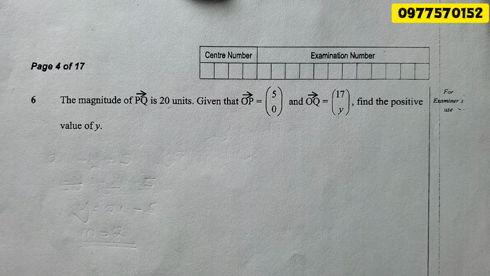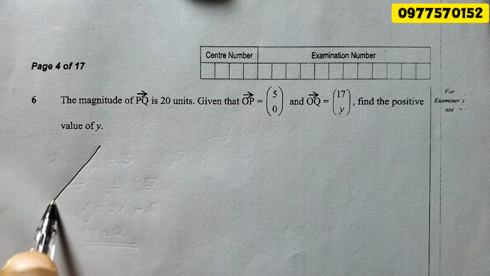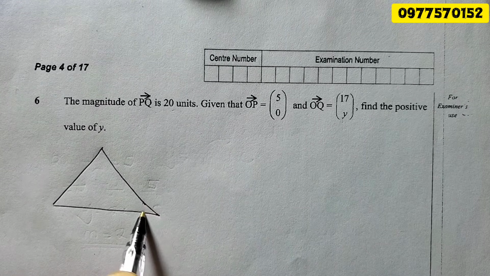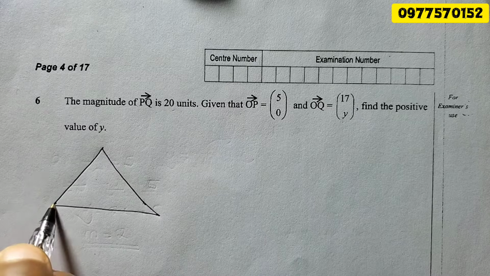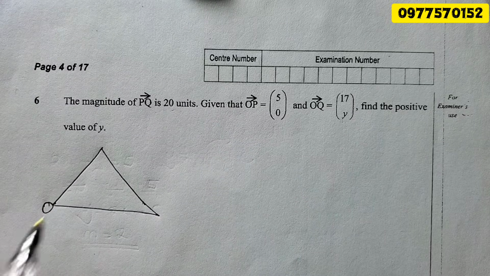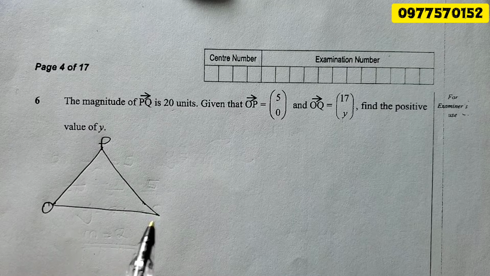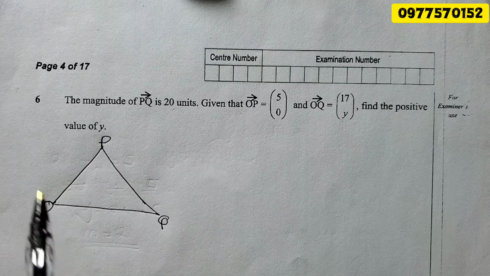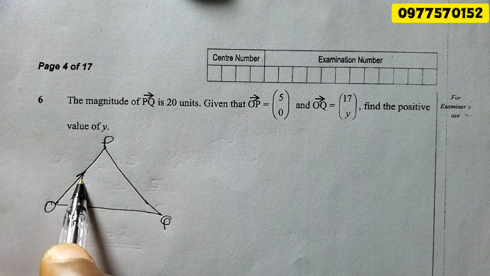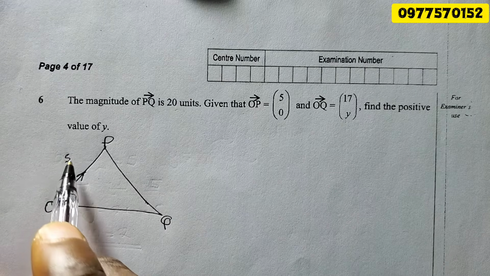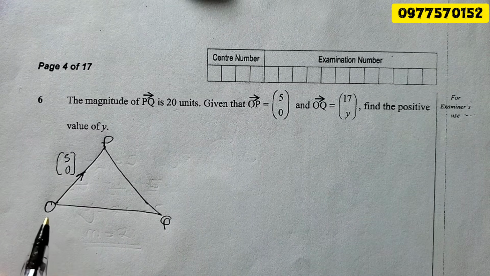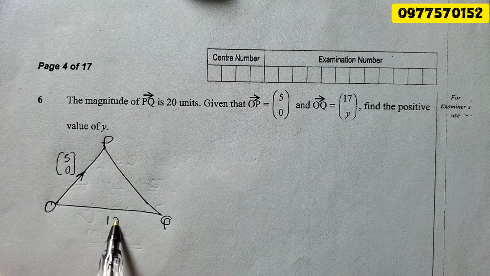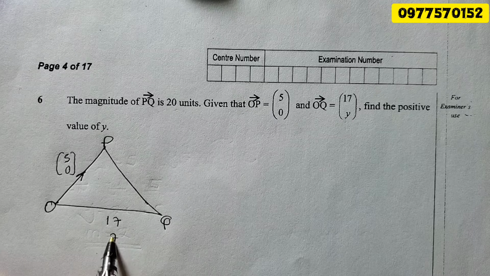This is simple. Let me just draw you this triangle so that you understand nicely. Let's say here is O, the origin. Then here is P, then here is Q. Vector OP is (5, 0), then the vector OQ is (17, y).